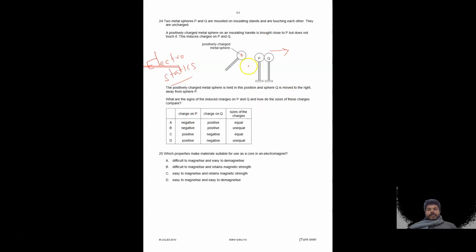Okay, now you see, when you bring the positively charged sphere closer, the negative charges are accumulated at this side, that is the left side, leaving positive charges. The positive charges are in the nucleus and cannot move, so in this topic we are not discussing the nucleus.